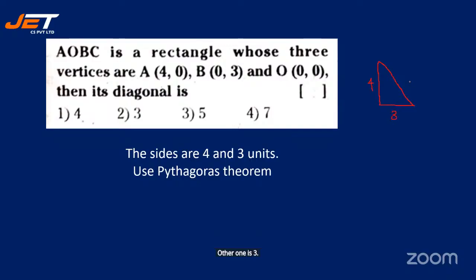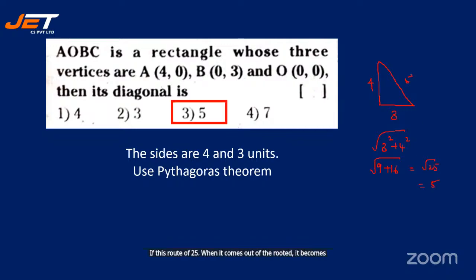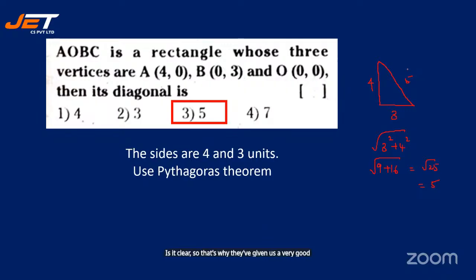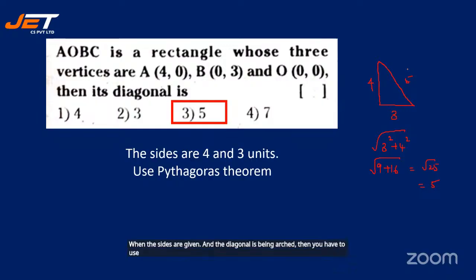So it should be root of 3 square plus 4 square, isn't it? So root of 9 plus 16, which is root of 25. When it comes out of the root, it becomes 5. So your answer must be option 3. Is it clear? They've given us a very good hint: when the sides are given and the diagonal is being asked, then you have to use the Pythagoras theorem. All right. See the next question.